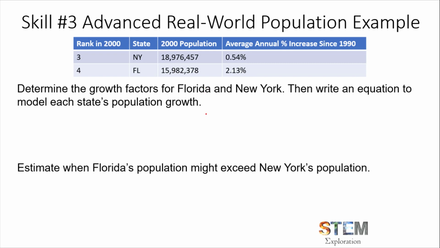And so based on one of the very first lessons that we talked about in this unit, we can actually write exponential models describing the rate of this growth. So again, remember that you have y equals a times b to the x power, and your growth factor here is just b equals 1 plus r.